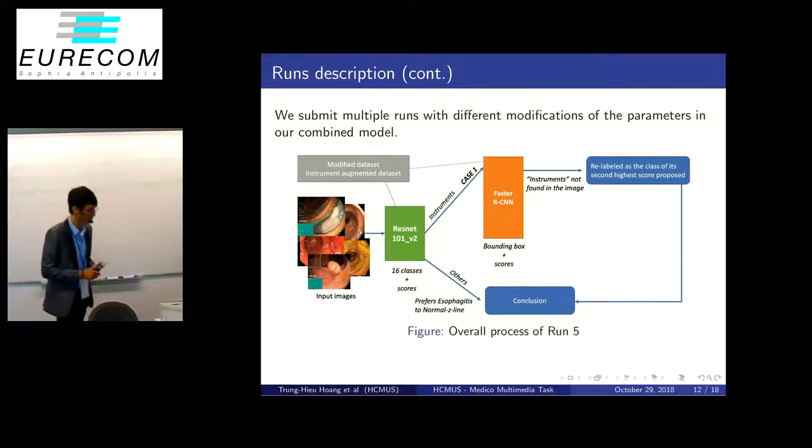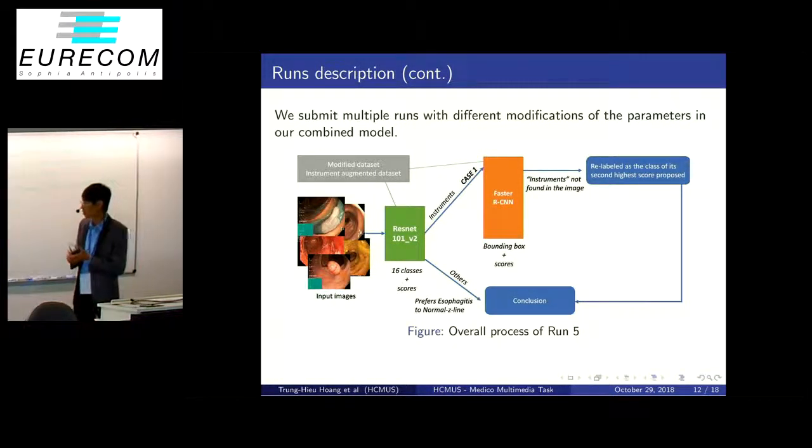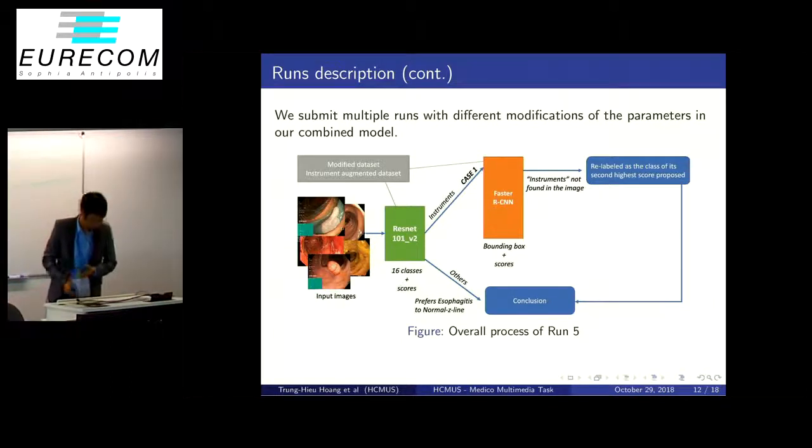So we add a small bias, 0.3, to the probability of the esophagitis class if the normal Z-line was predicted by the ResNet. So it intuitively means that the ResNet model prefers the normal Z-line over the esophagitis.